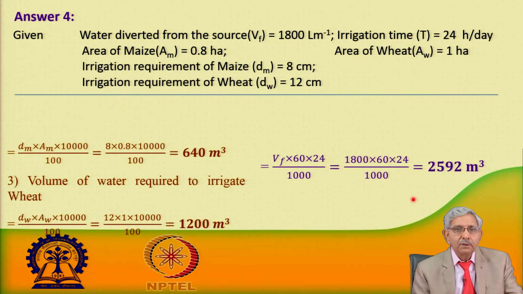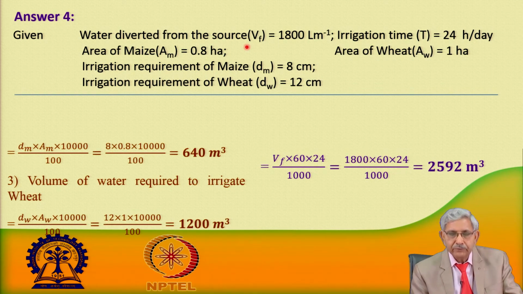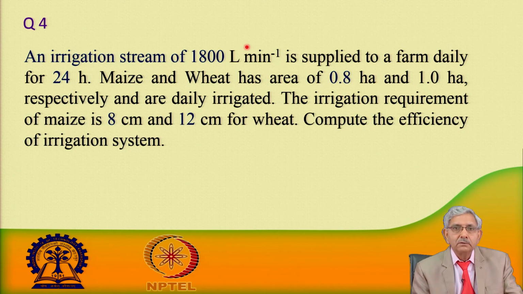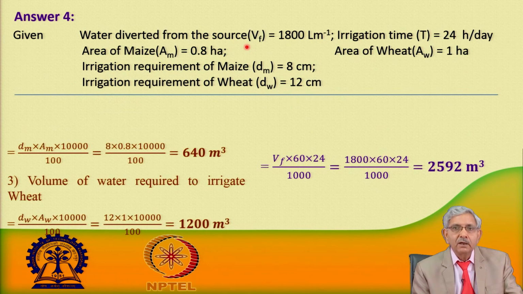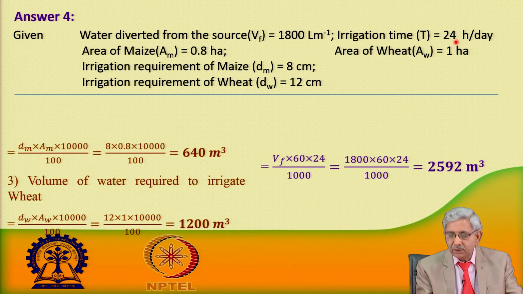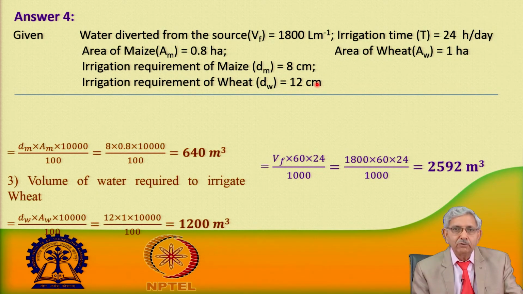So, here we have been given water diverted to the field is 1800 liter per minute, and then irrigation interval is 24 hours per day. Area of maize is known to us, area of wheat crop is known to us, and then irrigation requirement for both the crops are given as 8 centimeter and 12 centimeter for wheat crop.